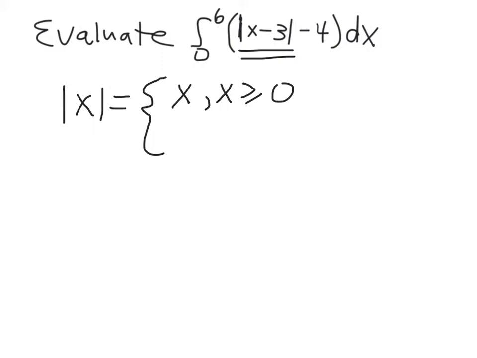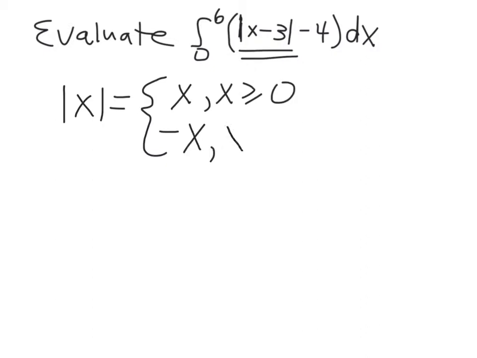Now, in terms of algebra, we need to look at this a little differently than what we expect. We're going to write this as not negative x, but think of this as the opposite of x. So if x is negative, the opposite of x would be positive.